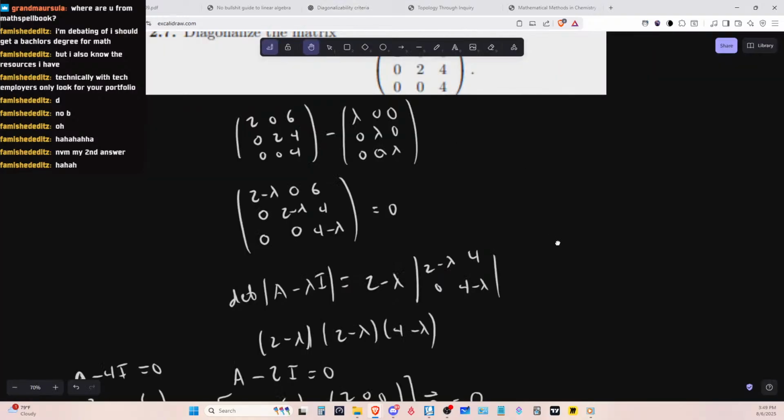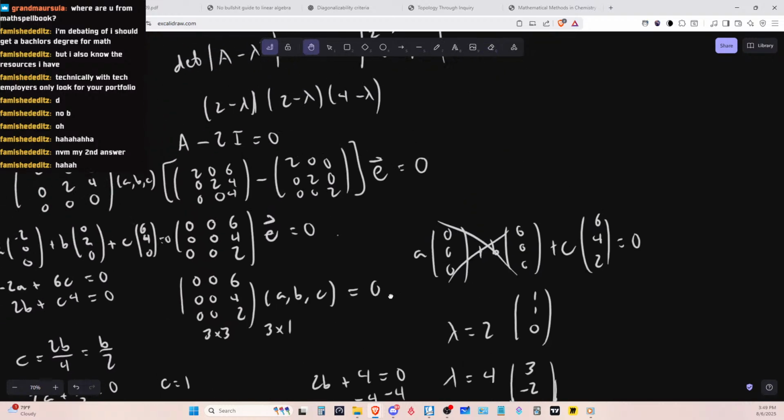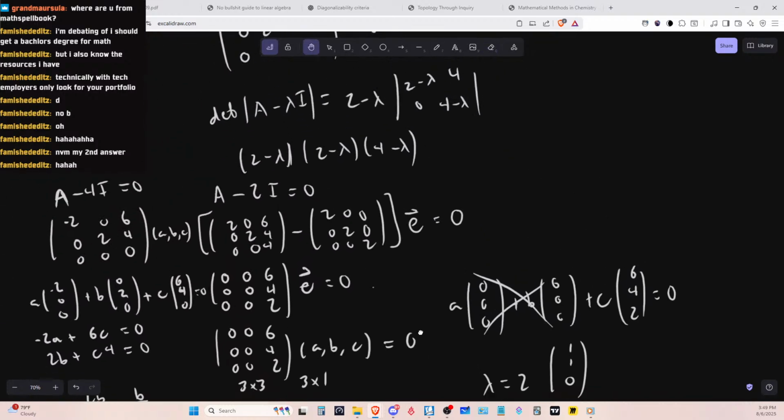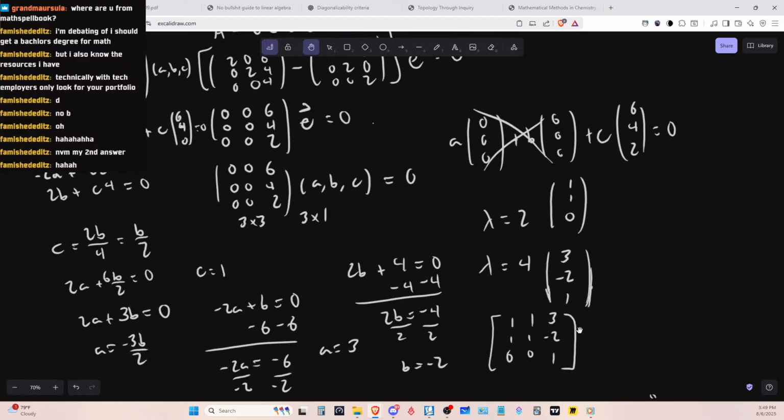Okay, so when we did this one, we had like two entries here, and we also have two vectors here, so I guess this is diagonalizable at this point, based on what it said. So I guess this is our eigenbasis here. So I guess we did learn something.